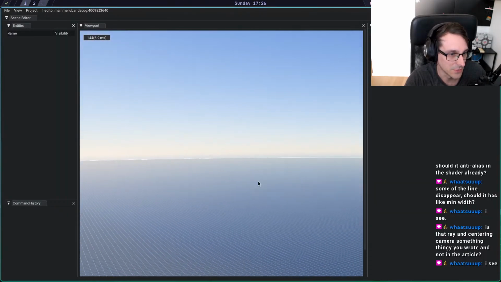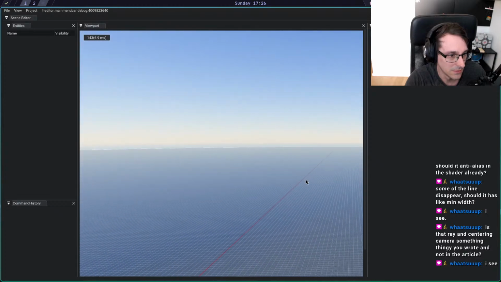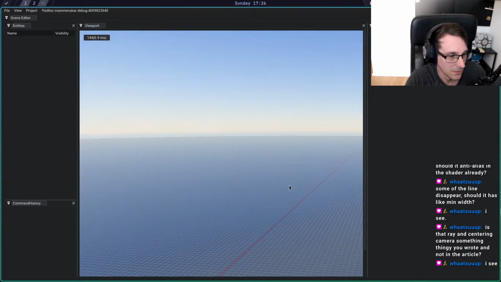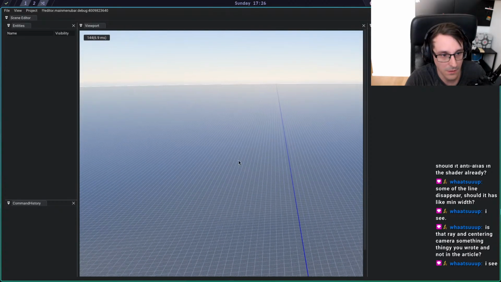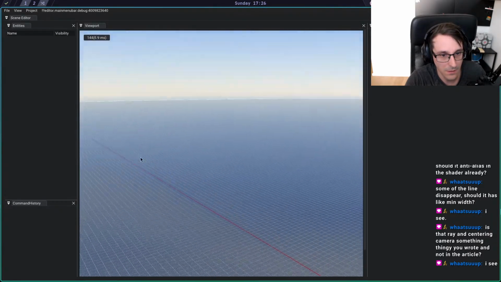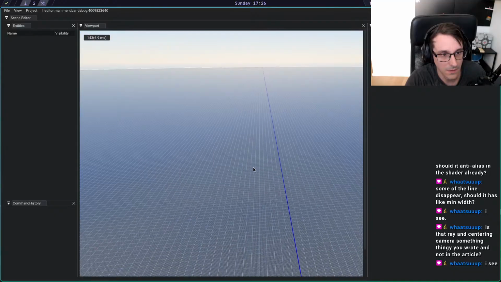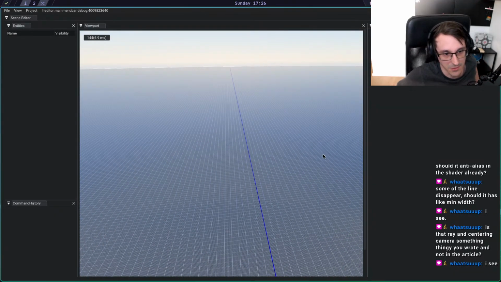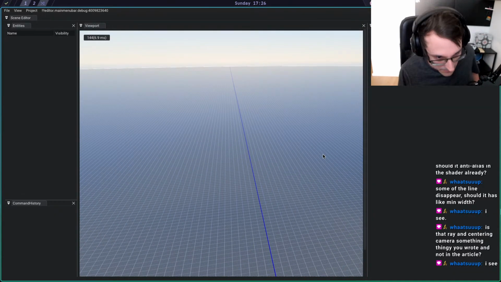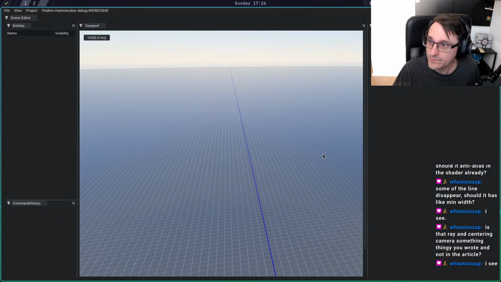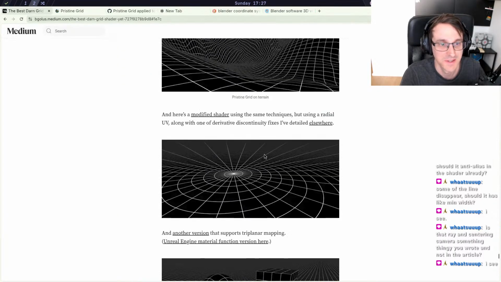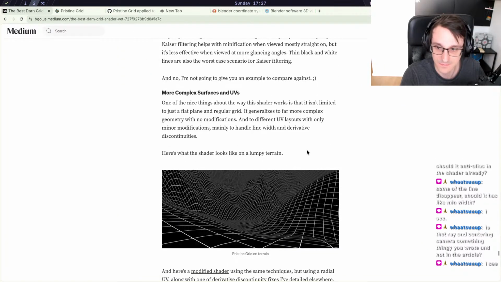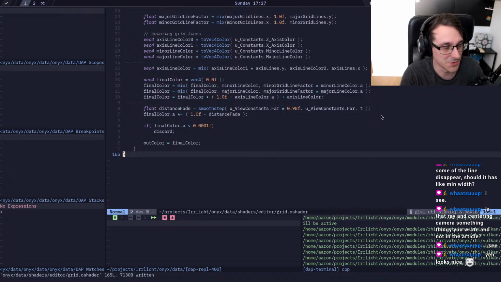Maybe I don't fade at all. Oh, that looks already pretty good. I'm actually very happy. That's a pretty nice grid. That is maybe really the best grid shader. That article didn't lie. It really looks good.